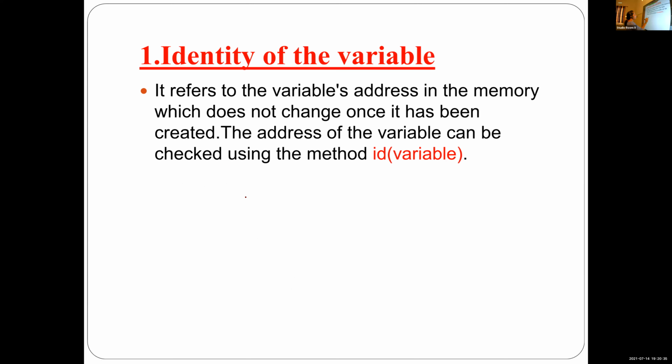If I write the statement x is equal to 10, it means in the memory, this 10 is stored. So the name of this value is x. That is the meaning of x is equal to 10.